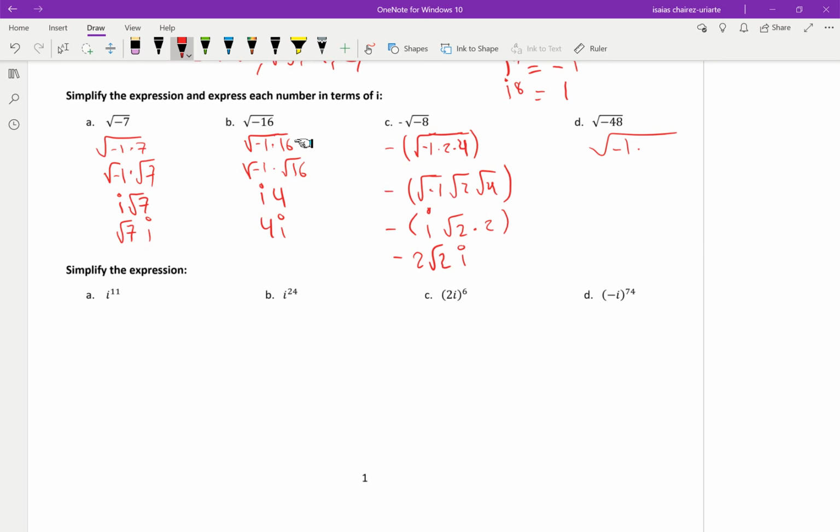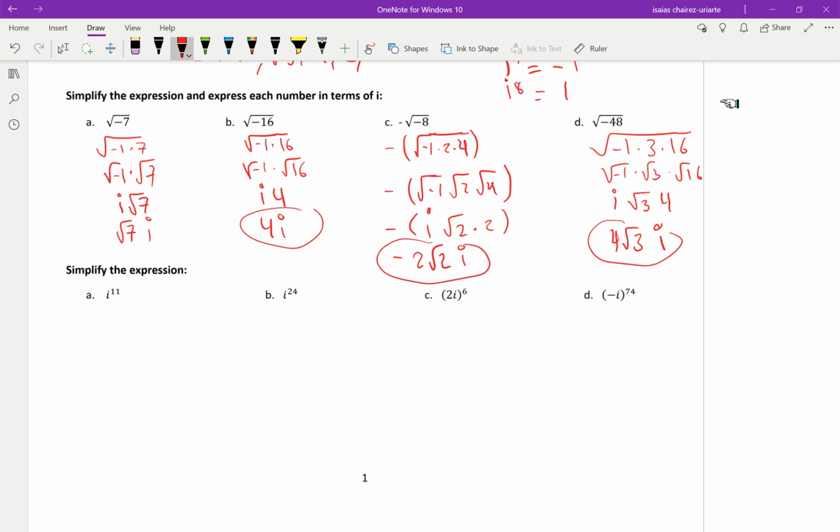So I'm going to say 3 times 16. Again, right now I'm looking for perfect squares since I'm dealing with a square root. So this becomes the square root of negative 1, square root of 3, square root of 16. Okay, so that's i. That's the square root of 3. There's not much to do with the square root of 3. This becomes 4. So I'm going to write it like this: 4 square root of 3i. Okay. So these are my simplified forms. And I think that is it for this exercise.